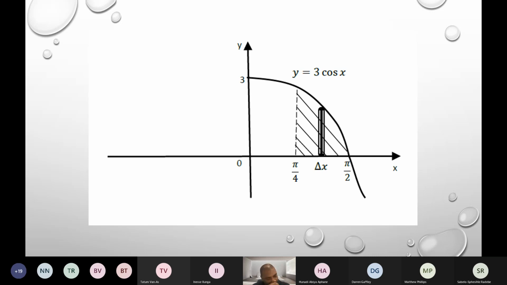This is the first part, sketching the graph, showing the shaded area and the representative strip. I'm supposed to put an x and a y on the top of my strip. It's not very important, but it would be nice if you put it there.